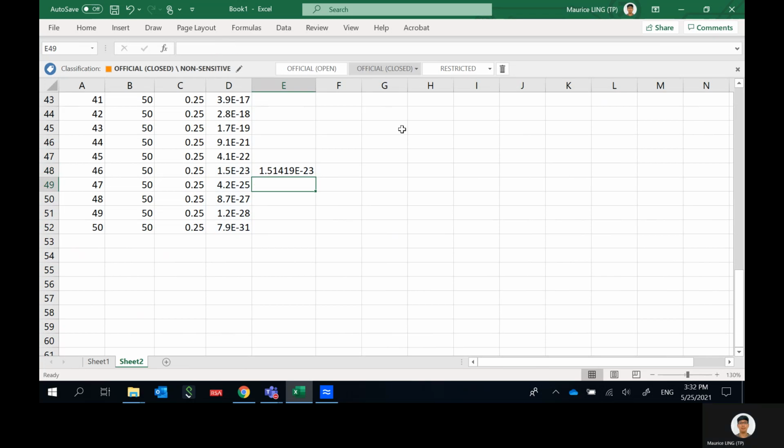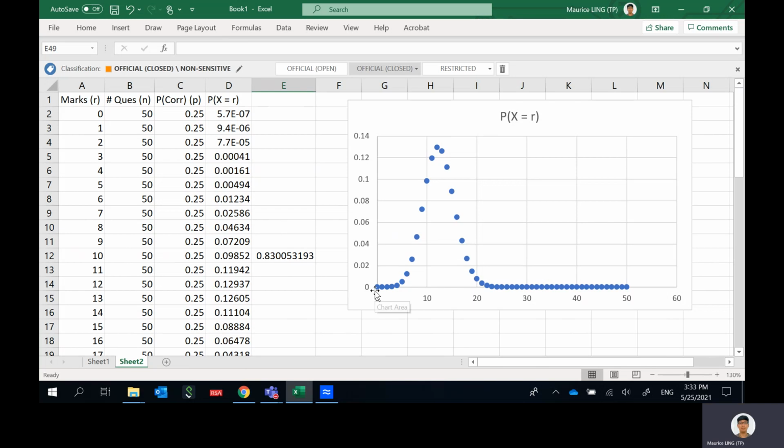So if you actually look at it in a different way, when the number of trials becomes infinitely large, it actually looks like a bell curve.